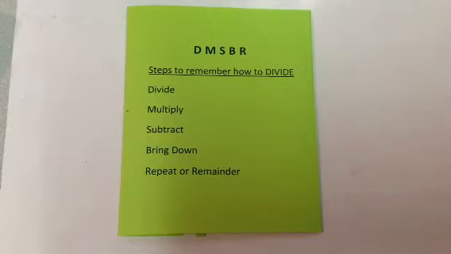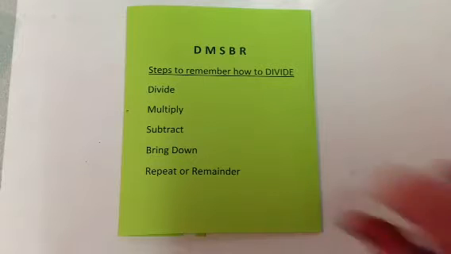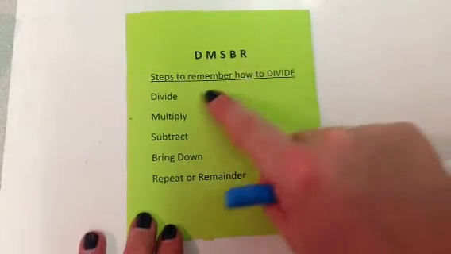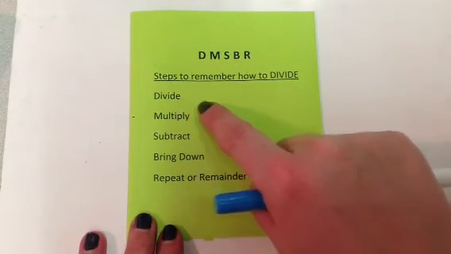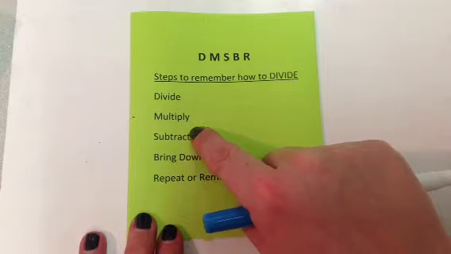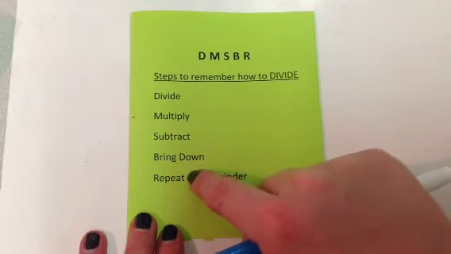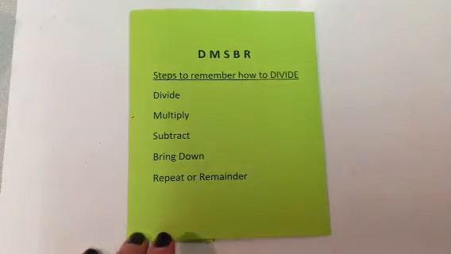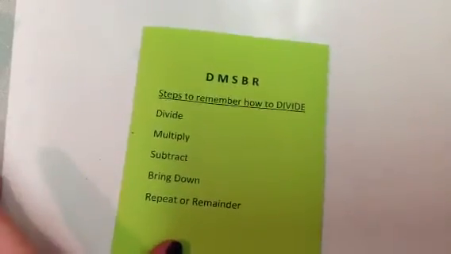And basically the steps to remember how to divide are DMSBR, okay? And that stands for divide, multiply, subtract, bring down, and repeat. So let's look at an example problem and kind of look at how we do this.